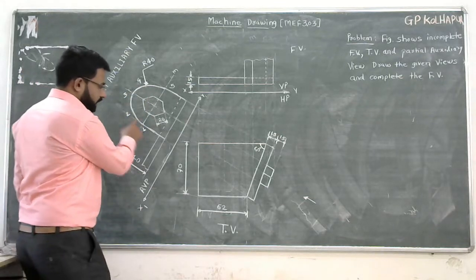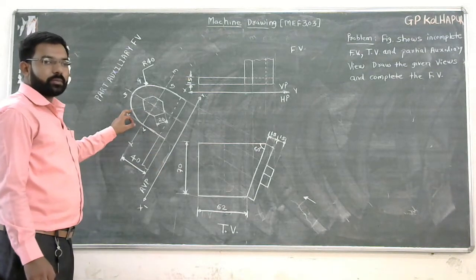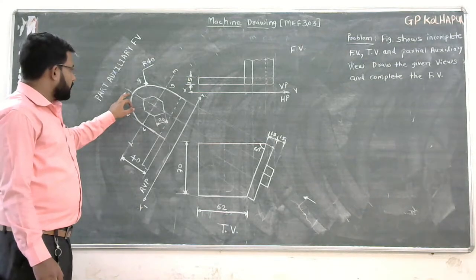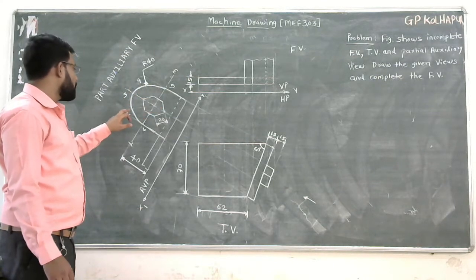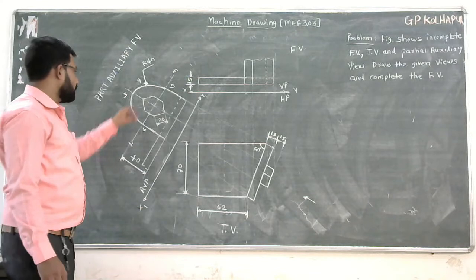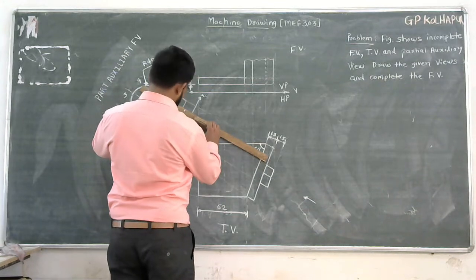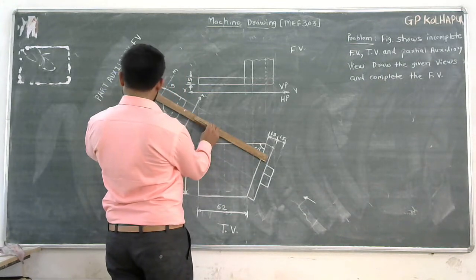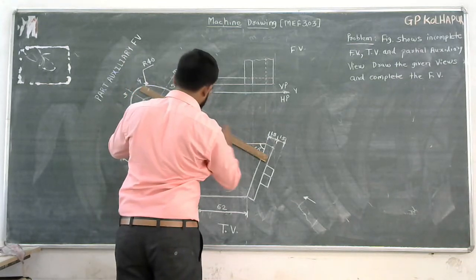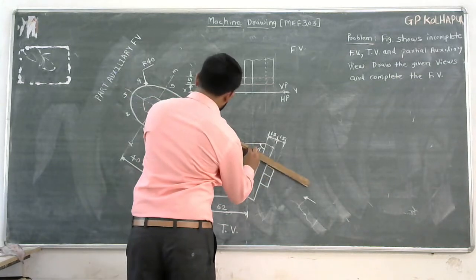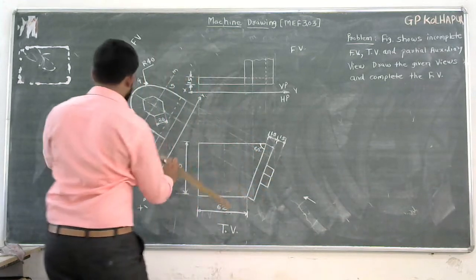Draw the projectors from all the points. From point 1 I have drawn the projector. Similarly, draw the projector from point 2, and from point 3. Draw the projector from point 4, and from 5 I have drawn the projector.